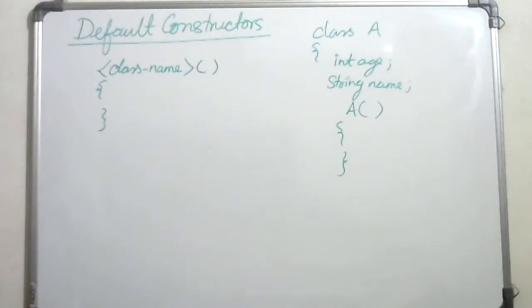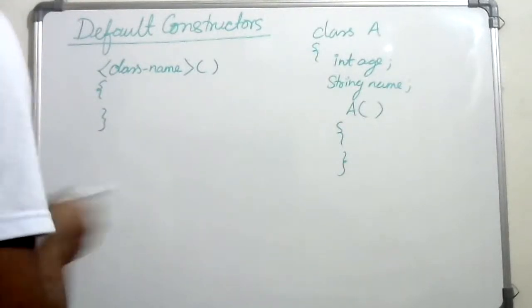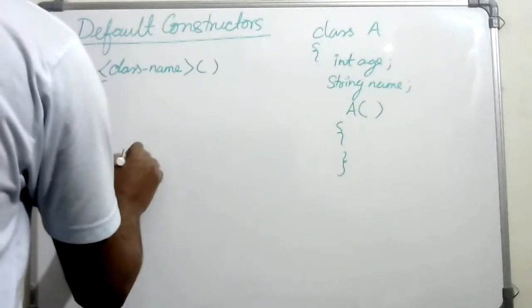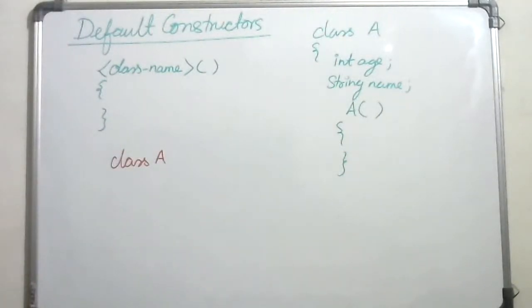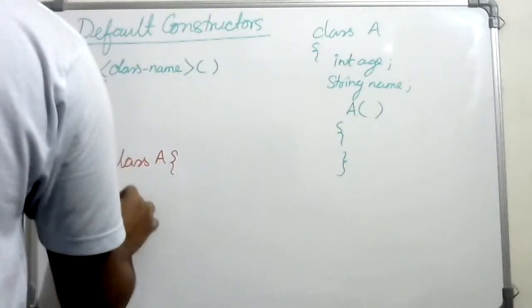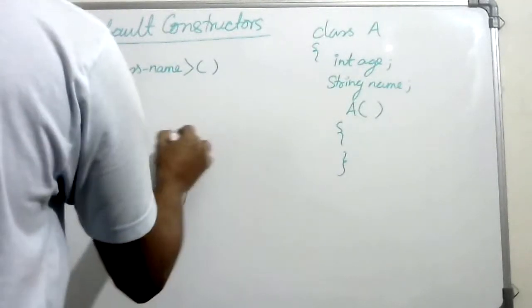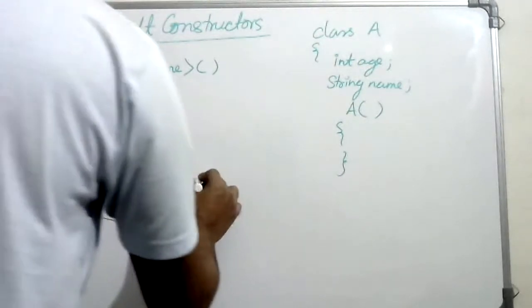So let's say you do not provide a constructor. So let's say I have a class which has certain things written inside, but you do not provide a constructor to this class, as in you have not explicitly by yourself written a constructor. What happens?